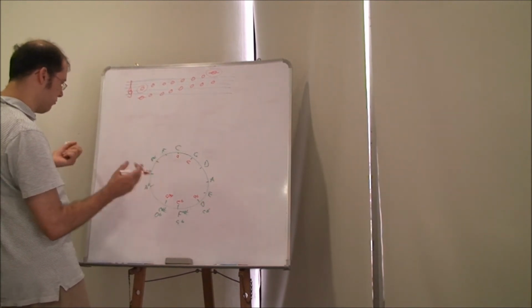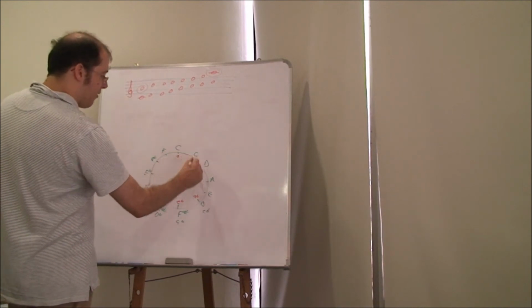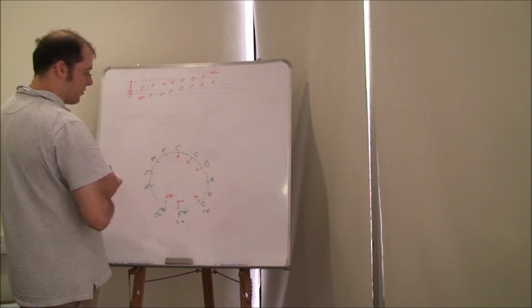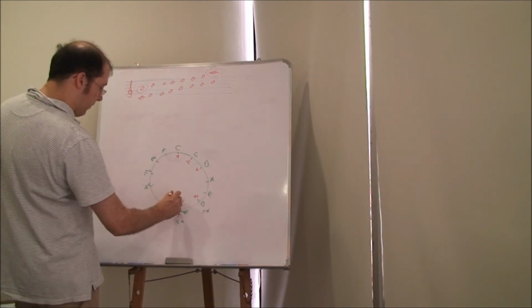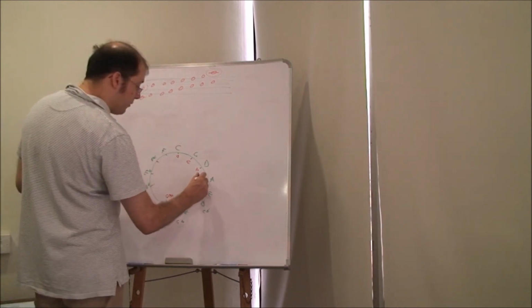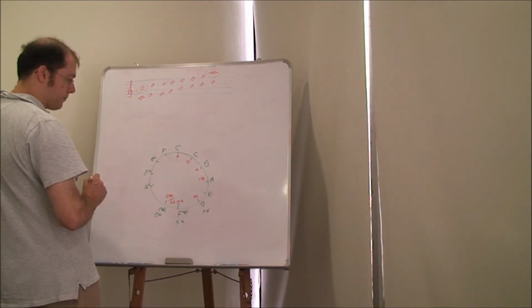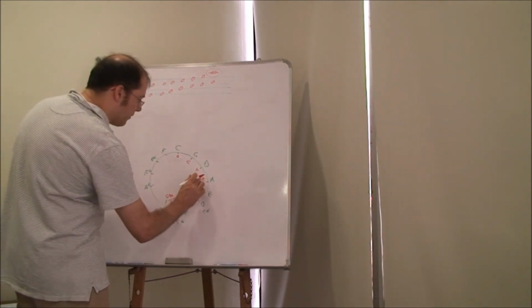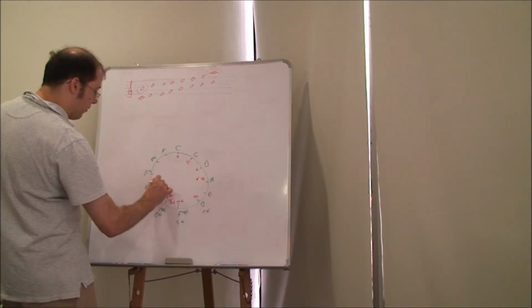Okay, so if we move on up, for D, you can work it out, it comes out to B. And so for D flat major, that will be B flat minor. For A, it will be F sharp, sorry. And so for A flat, it will be F.